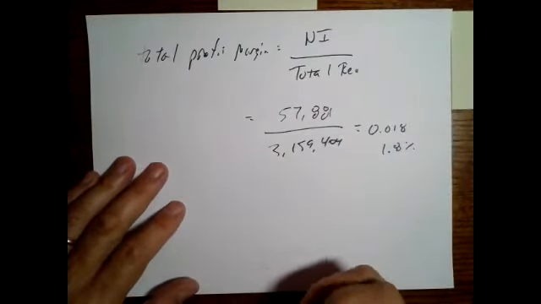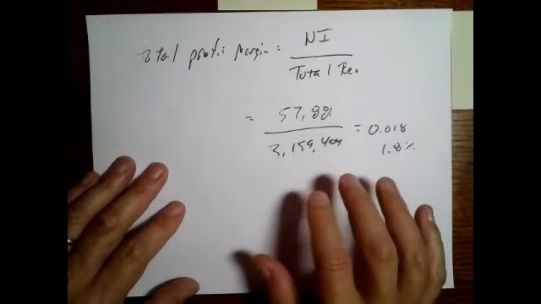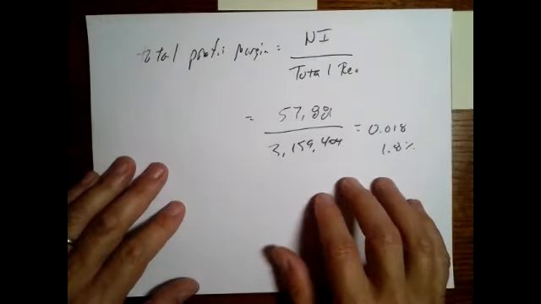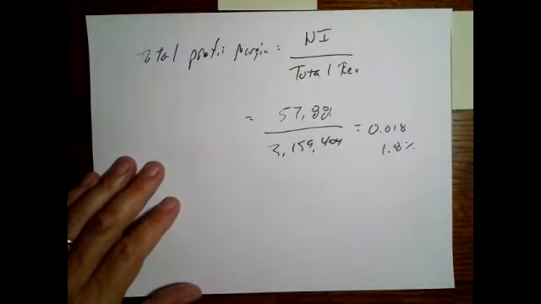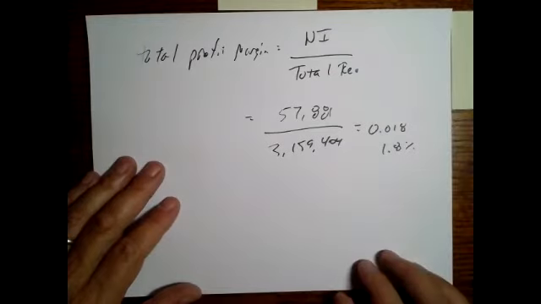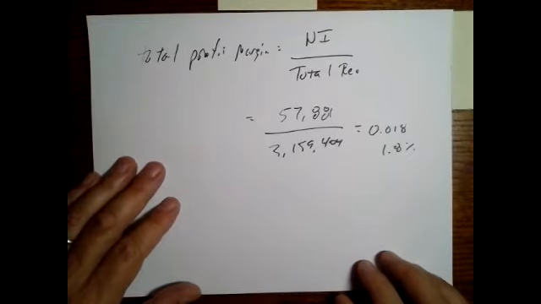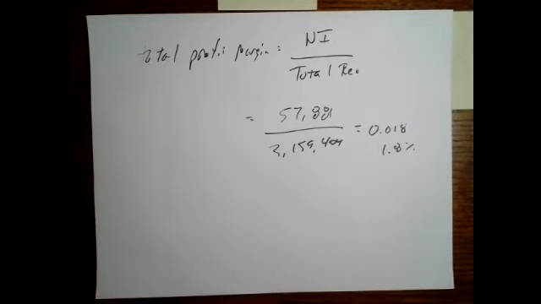So if we're comparing the profit margin for Green Valley against the profit margin for Best Care, which had 4.3%, we would say Green Valley is not as good at controlling expenses as Best Care, and therefore it must not be as good a business. But in fact, that's a bit like comparing apples and oranges, because Green Valley is a nursing home and Best Care is an HMO, and so they're going to have a different standard.